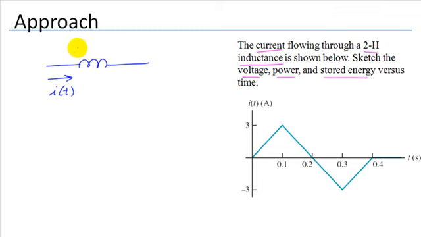We are given this current i of t and the associated voltage v of t for this inductance with value L. It has a polarity such that the current enters the positively labeled terminal, and this labeling scheme is compatible with the passive reference configuration.